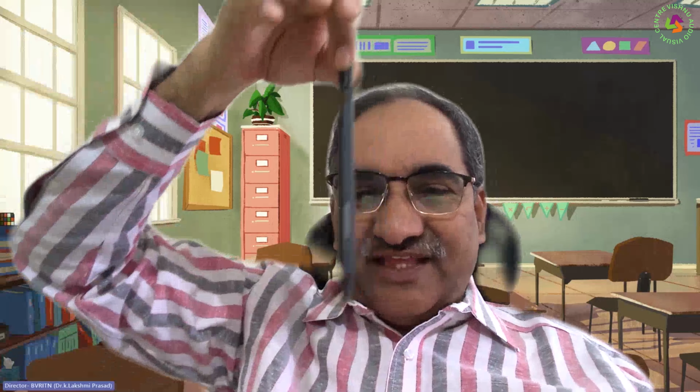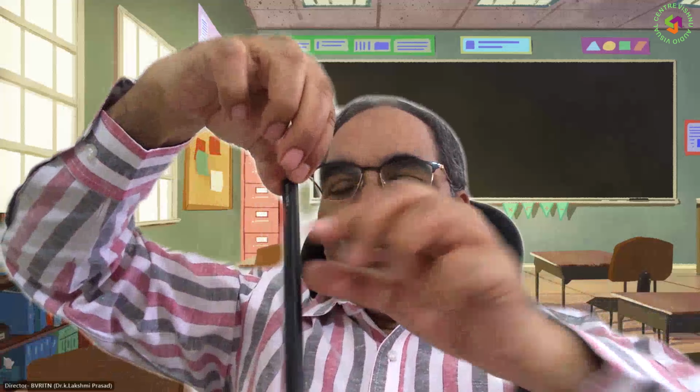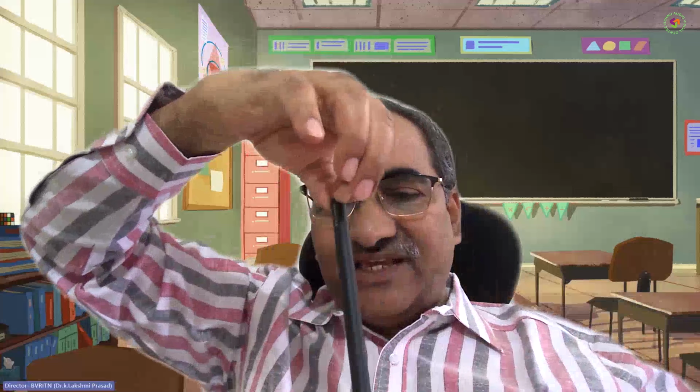So, from a fixed plate to a hinged one, hinged at the top so that it can freely move. If a force is applied, because it is hinged at the top, automatically it moves. This is the plate. The moment a force is applied, it can rotate about this hinge.